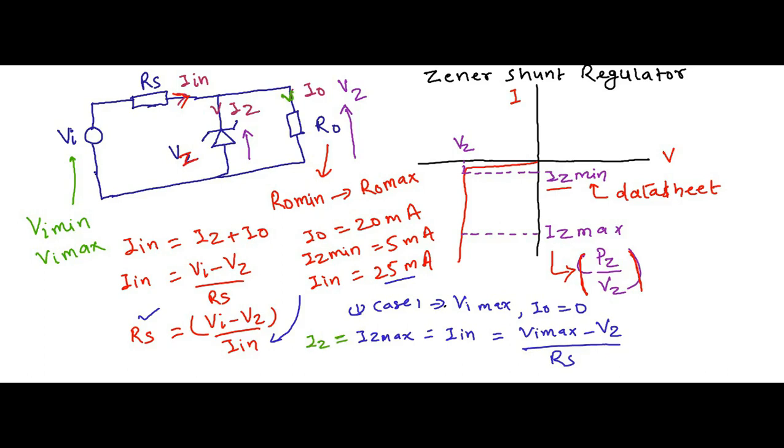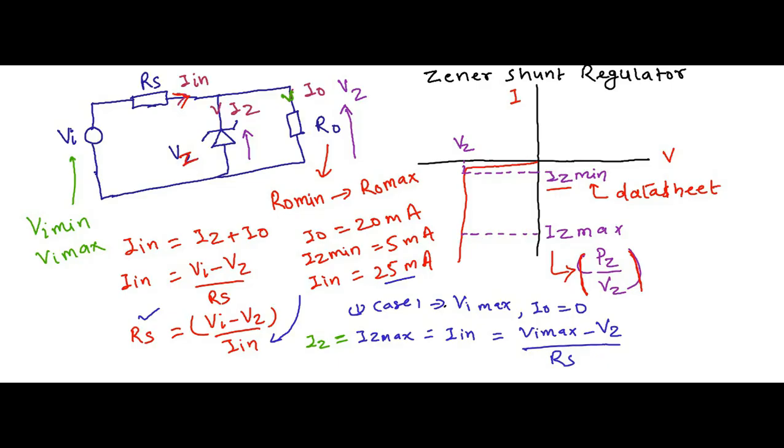Understand this point very carefully, guys. IZ max equals I in, which is given by (V in max minus Vz) divided by Rs. So this is case number one, wherein your load current is 0 and you have the maximum input voltage.